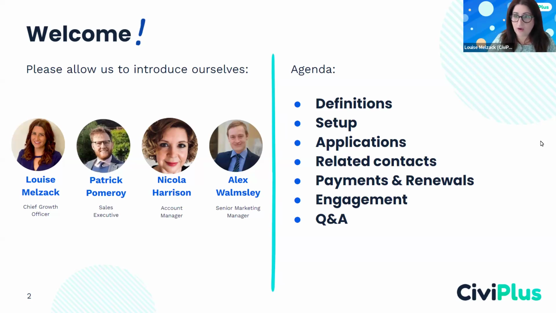So just before we start, we always like to kick off with a poll, just so we get a feel for who's on the meeting today. We're just asking two questions. Which database do you use currently? And are your members organizations or branches?